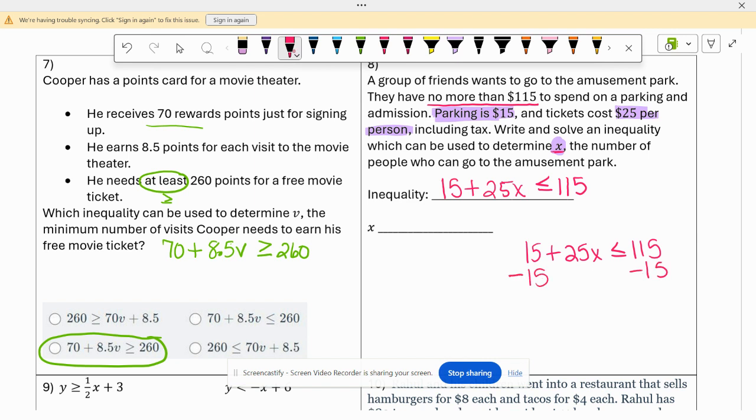We're going to subtract 15 from both sides. And when I do that, I have 25X is less than or equal to 100. Last step. Go ahead, Zan. Divide both sides by 25. X has to be less than or equal to 4.